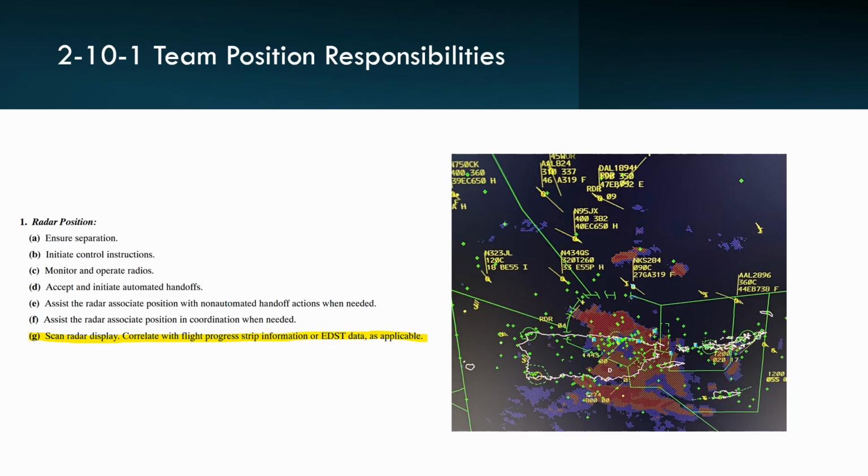It is also important to realize that it is one of our responsibilities as an R side controller, when you sign into that R position, that you will be scanning the radar display and correlating it with additional information that is housed at the sector. So happy we got to cover that.